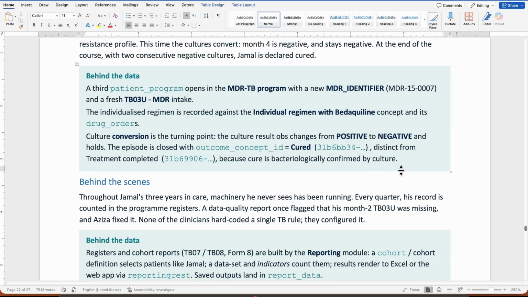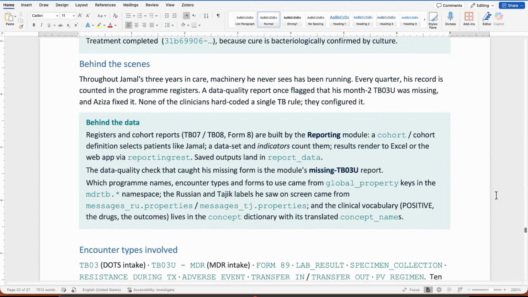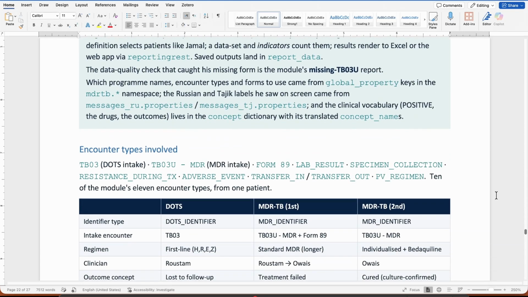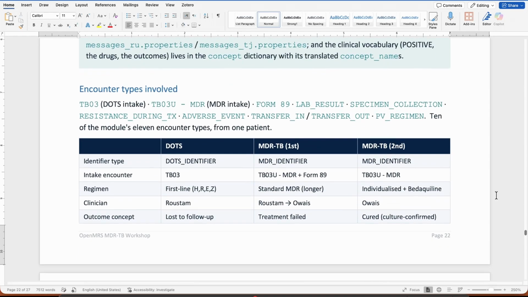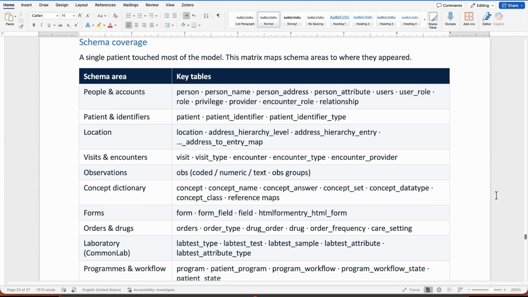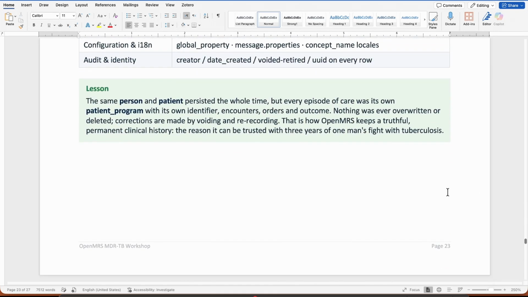So what I'm calling a story is not just a story. Basically, you will read every word of it and understand the entities, the tables, the values, the terms that are involved. Without this understanding, it will be a big risk, a major risk to work on this TB system.